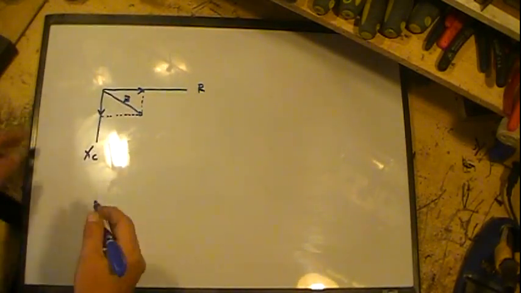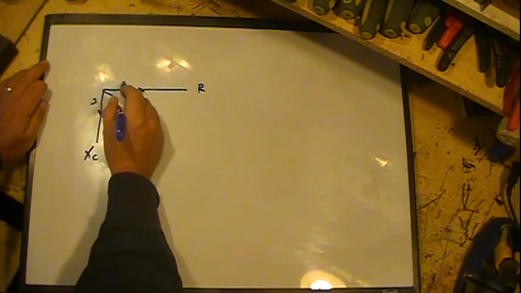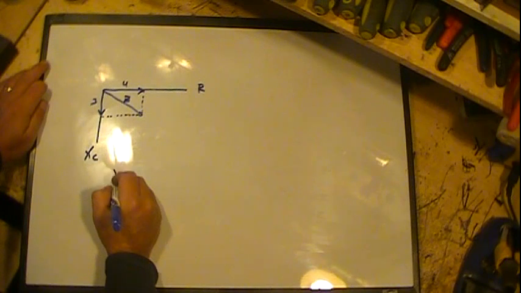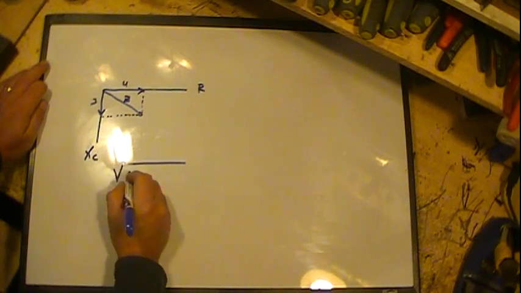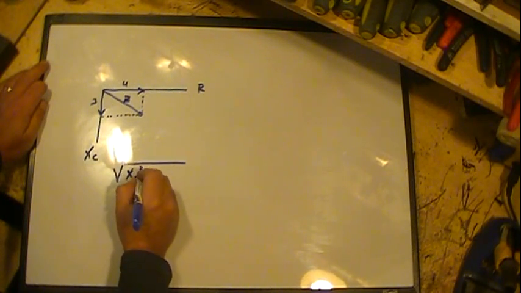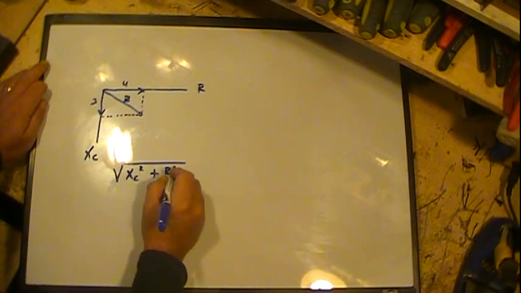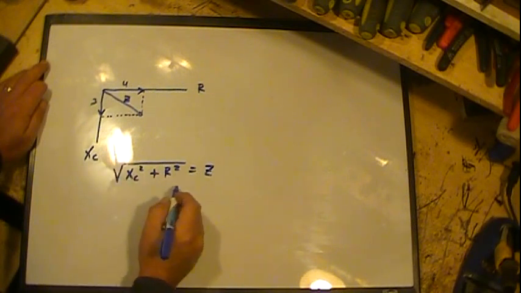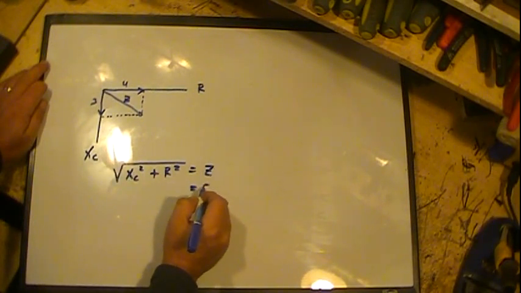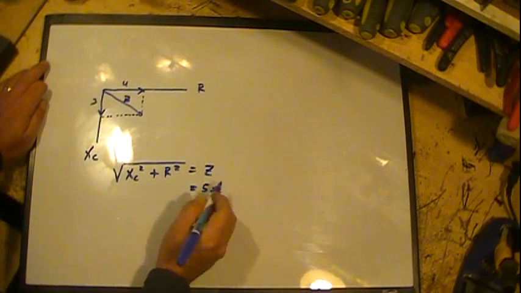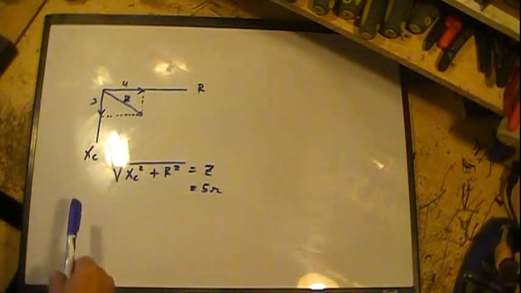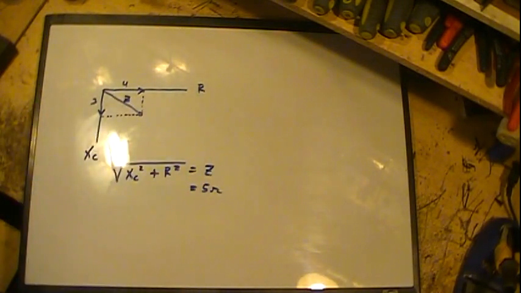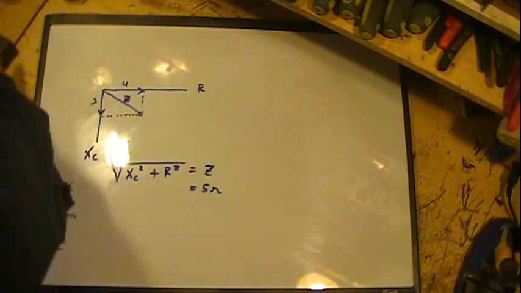And again, if I wanted to, I can plug numbers in, 3 and 4. This is nothing more than the same thing, the Pythagorean theorem. This time though, the square root of X sub C squared plus R squared equals impedance. And if I plug the numbers in, I end up with 5 ohms again, if X sub C is 3 ohms and my resistance is 4 ohms.